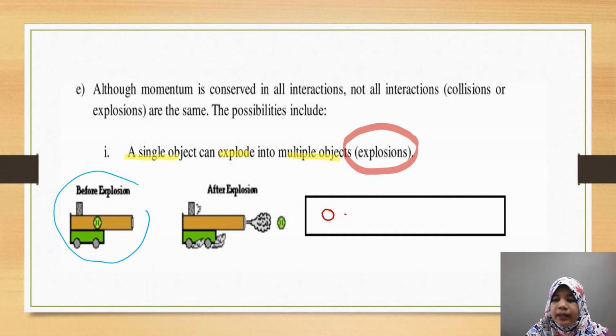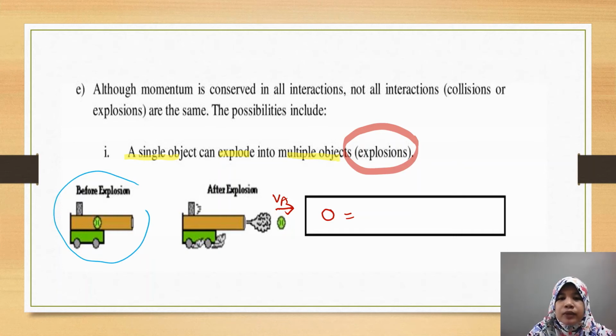Alright, but after explosion, apa yang berlaku? Okay, kalau kita lihat sini contohlah kan, kita ada senapang, okay, kita ada bullet, so bullet tu akan terkeluar lah, kita tembak dia kan. Alright, so the bullet, this one lah contohnya kita kata VA move to the right. Okay, apa berlaku pada senapang tadi?